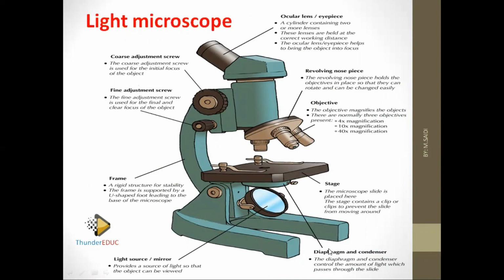The diaphragm allows the amount of light to enter. It's like opening a door. You can open the door widely, or you can open it halfway, or you can open it with just a small slit. If you have opened it widely, then you receive a lot of air or a lot of light coming into the house.